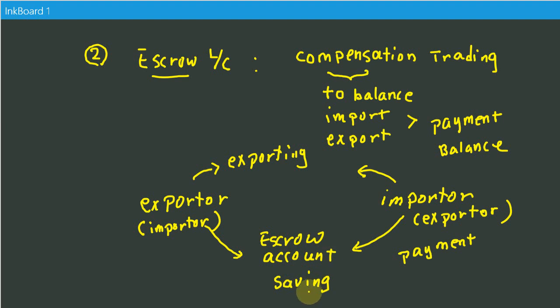The payment saved in this account cannot be drawn back for other purposes. It is only used to pay for their trading. So they can use this escrow account for compensation trading to balance import and export. Okay, this is escrow LC.